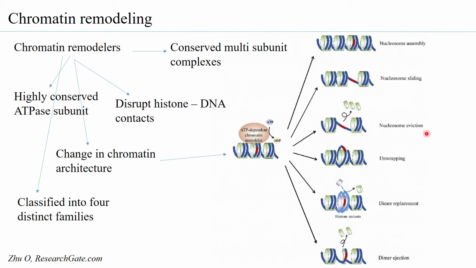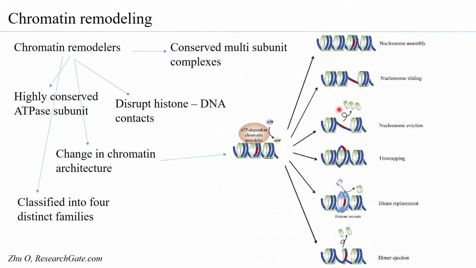This is called nucleosome eviction. What else can happen is that it does not slide or evict the nucleosome, but it unwraps the DNA partially. On unwrapping the DNA partially, the DNA is very loose around the nucleosome, and therefore the accessibility to non-histone proteins increases.